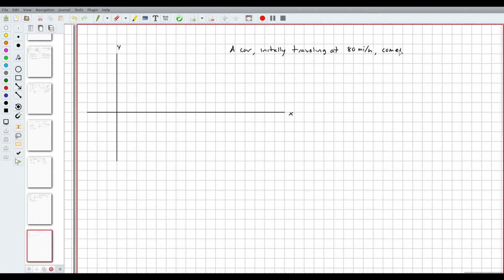Comes to rest in 6 seconds. What I'd like to know is, what acceleration did the car experience in this time?